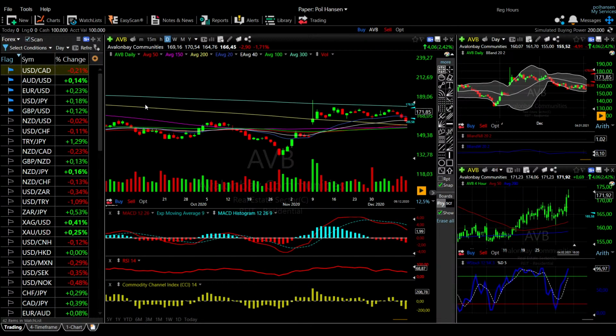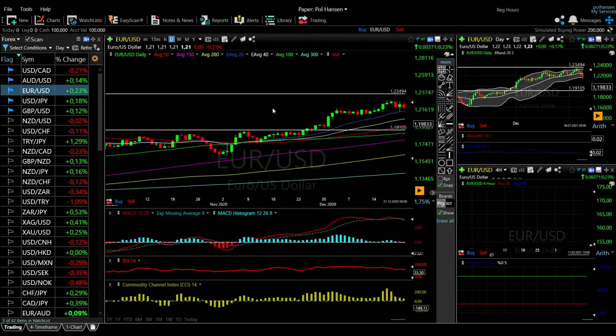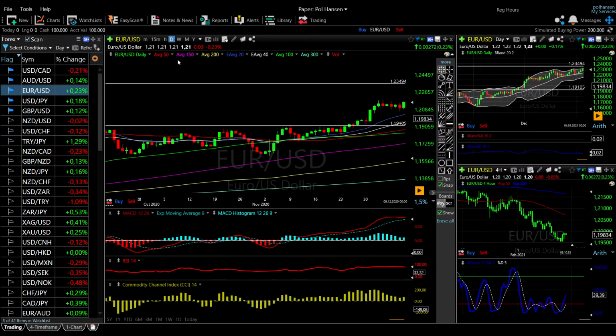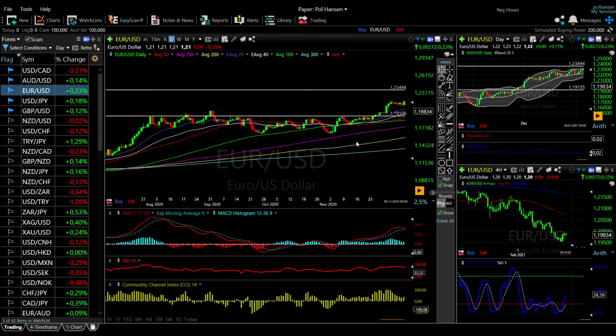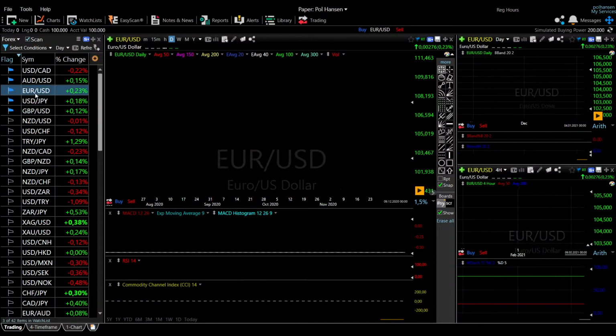So we entered a trade for the euro US dollar, and we can look at this trade right now. This is not the... That was not the US dollar.